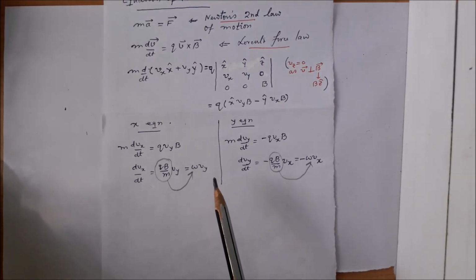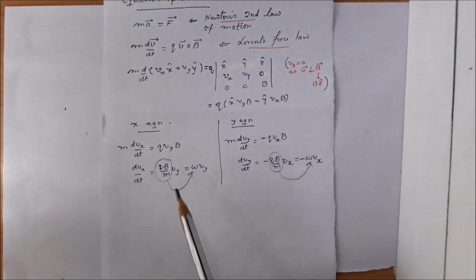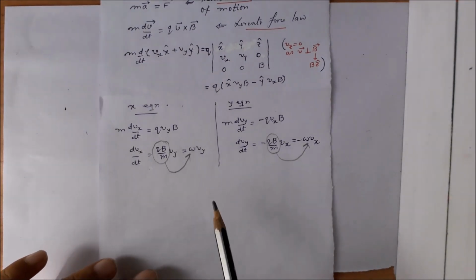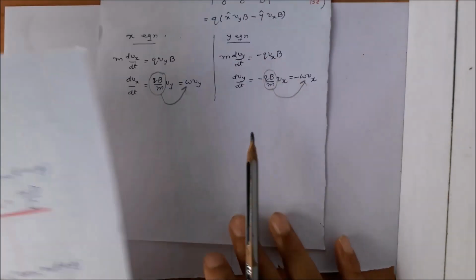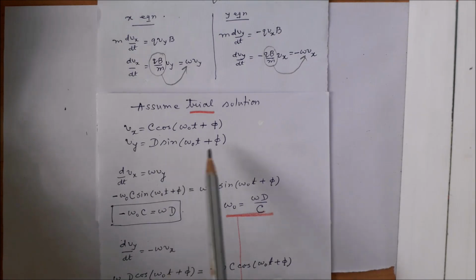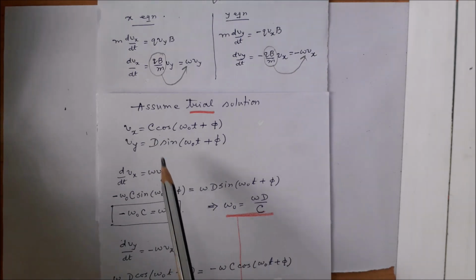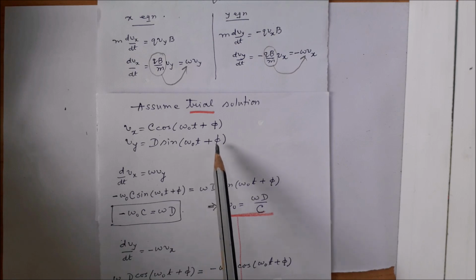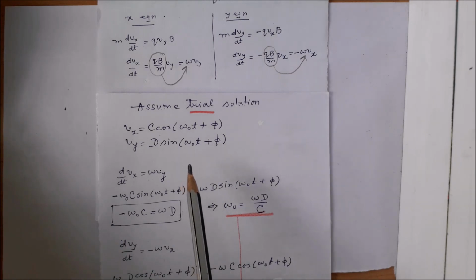Since we are sure from our previous analysis that the charged particle traces a circle, let us assume trial solution involving cosine and sine as this one. Here omega 0 is the frequency of rotation, c and d are constants, this is the phase part, and phi is the epoch representing the phase at t equal to 0.